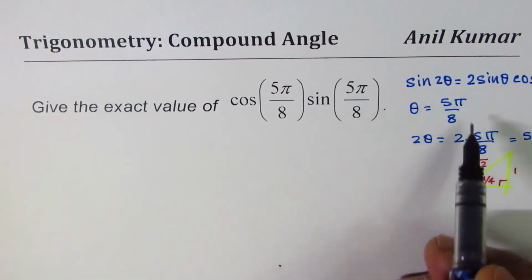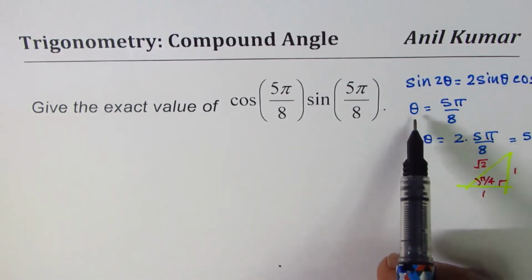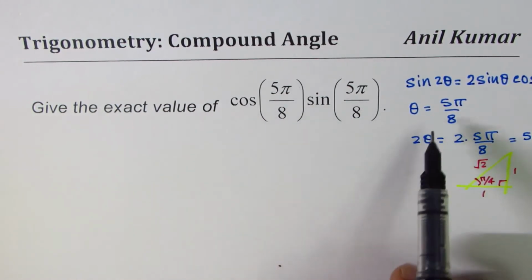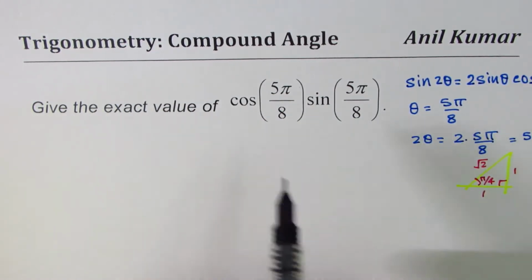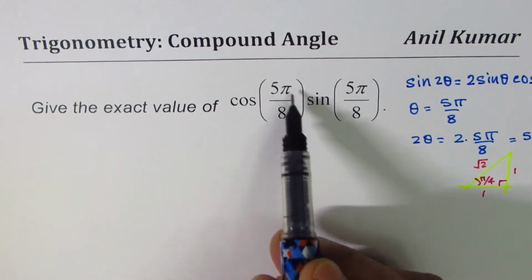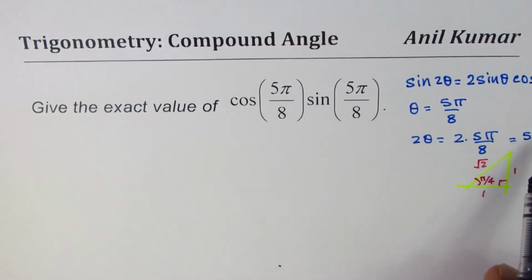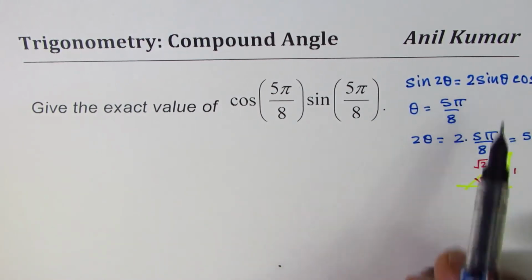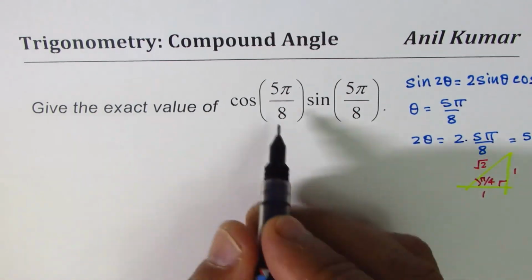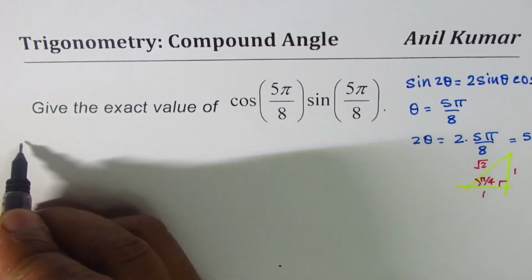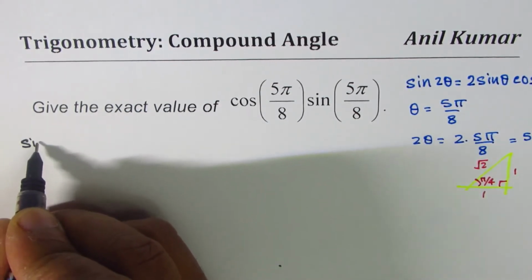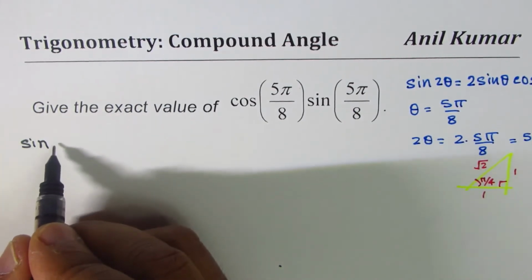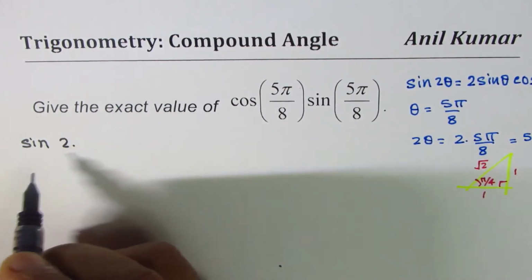So if this part is 5 pi by 8, then 2 times this angle will be 5 pi by 4, correct? We'll start by writing this formula in terms of 5 pi by 8.